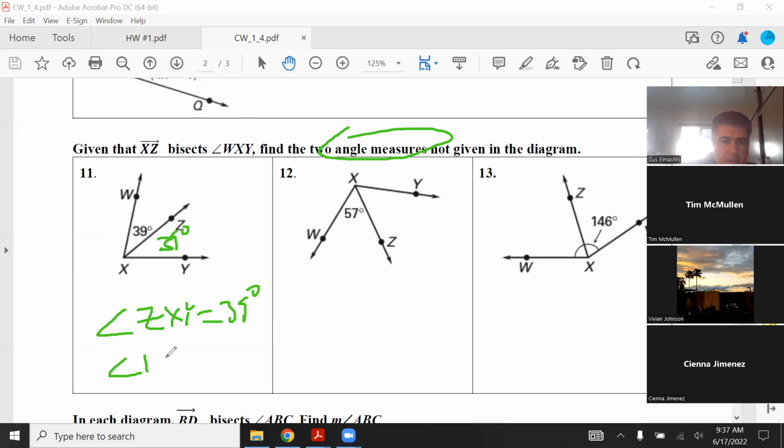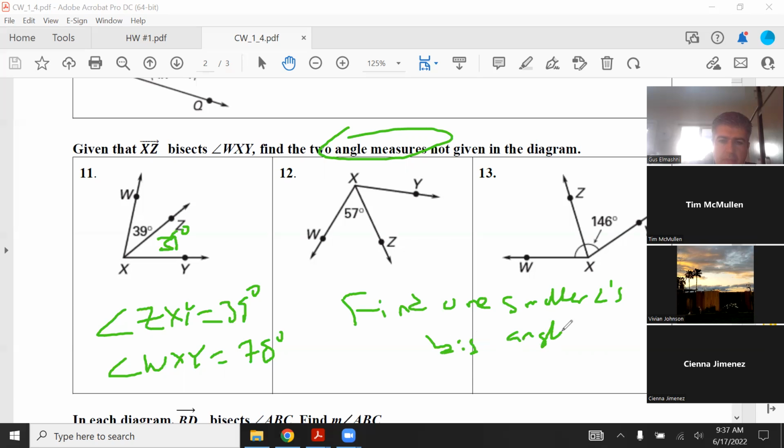Also, angle WXY is 78 degrees. That's the whole thing. So what you're asked to do is find one of the smaller angles and then the big angle. That'd be for number 12.